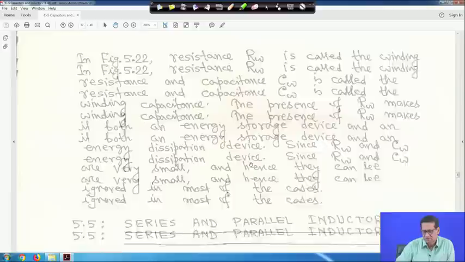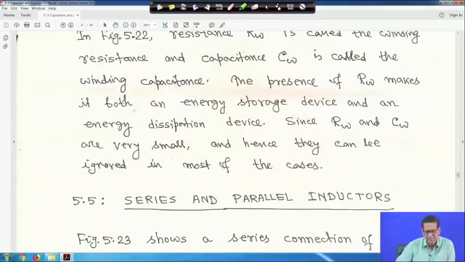The presence of Rw makes it both an energy storage device and an energy dissipation device, because the energy stored in the inductor can be dissipated in the form of heat in the resistor. Since Rw and Cw are very small, they can be ignored in most of the cases. So, we will ignore them.